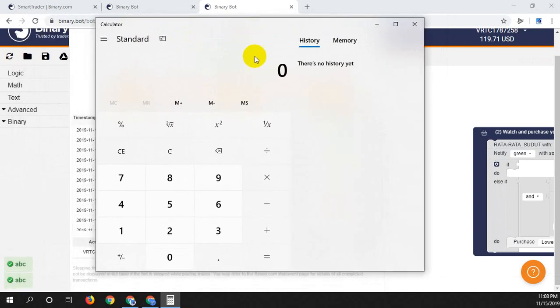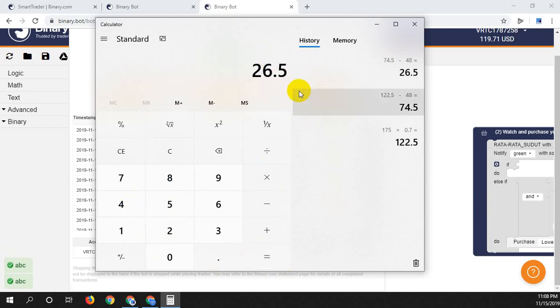If we use a $2 stake, 175 multiplied, we will get a payout of $2.70. So 122 minus 48 loss, again 48, because we use stake 2. So our profit is 26.5 without any risk.